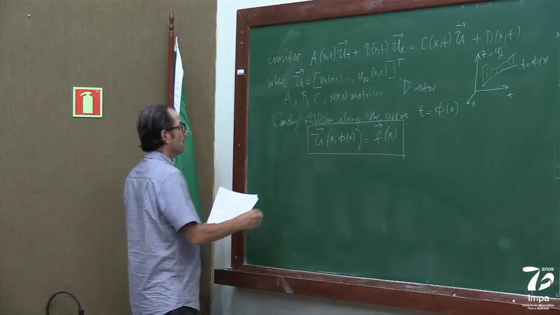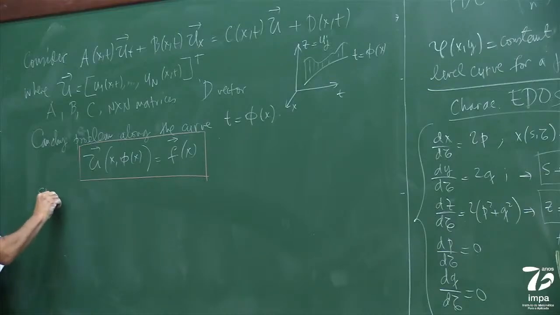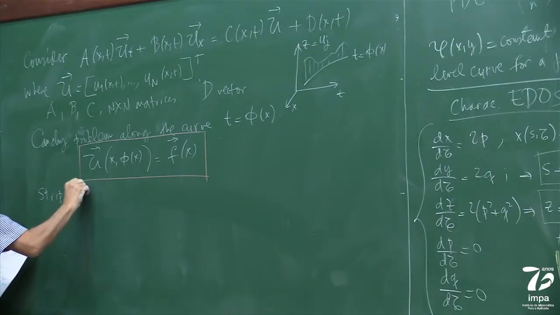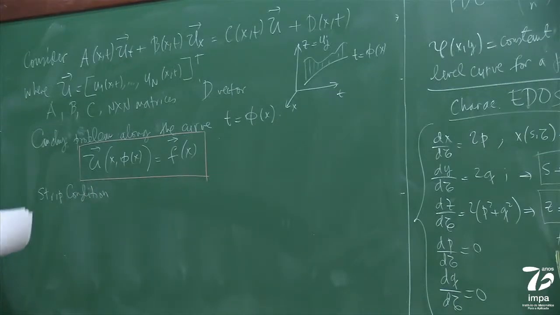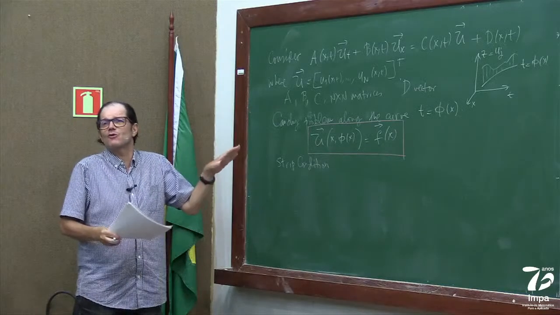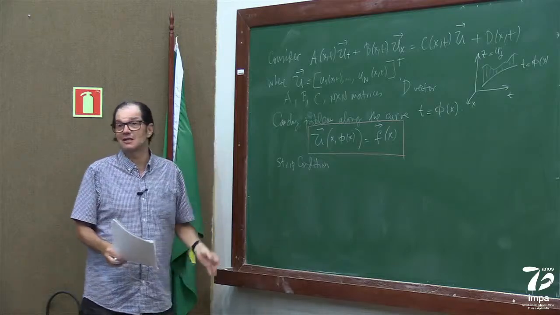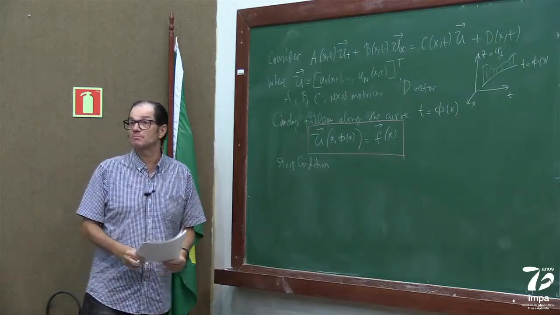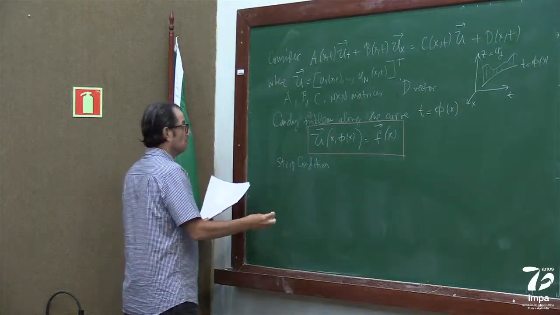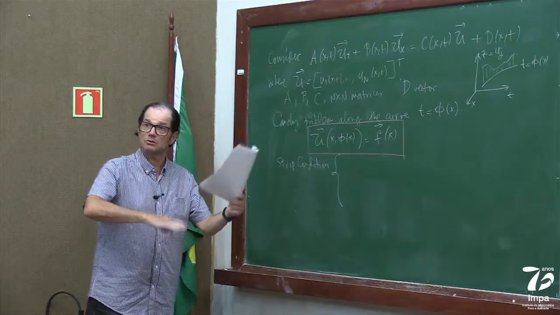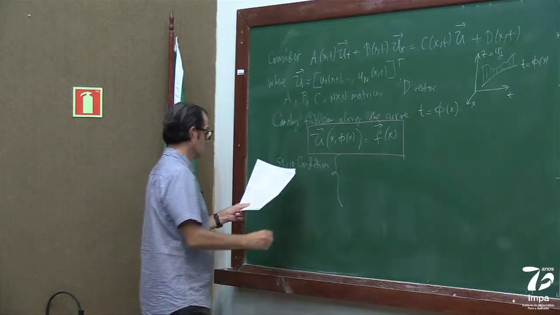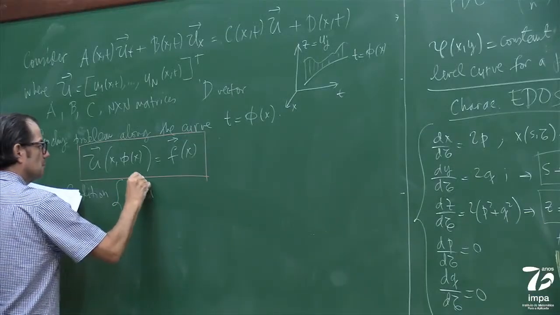So, let's go and use the ideas we've been seeing. Strip condition. How do I write strip condition for this guy that's just bigger than the others? Not more complicated, it's just bigger. And it's linear. Well, strip condition is going to be the initial PDE and that condition about orthogonality, blah, blah, blah. So initial PDE is this.